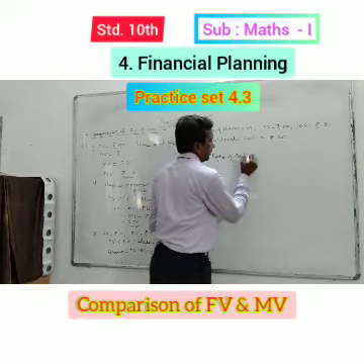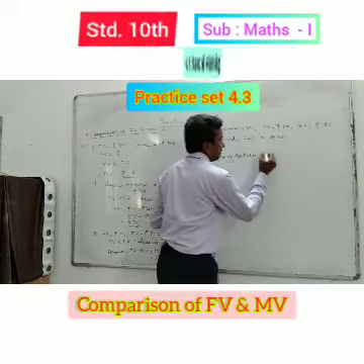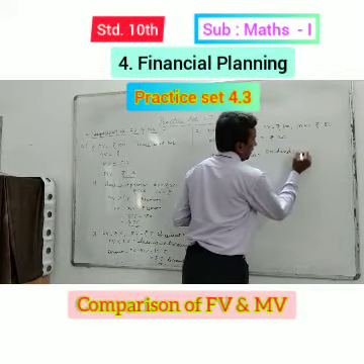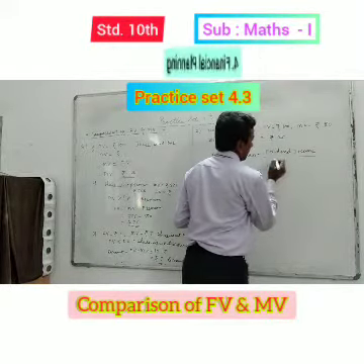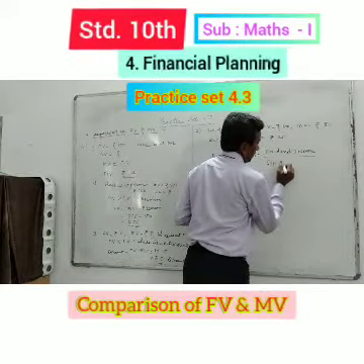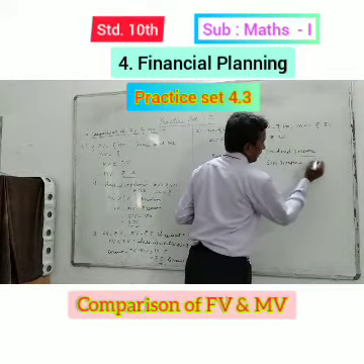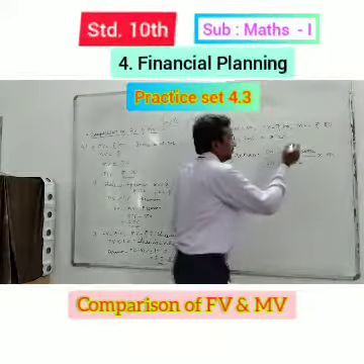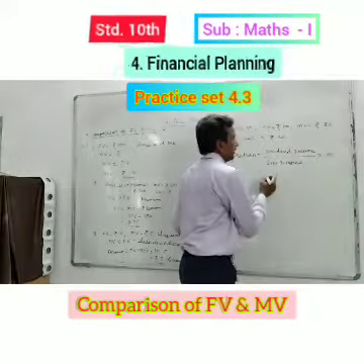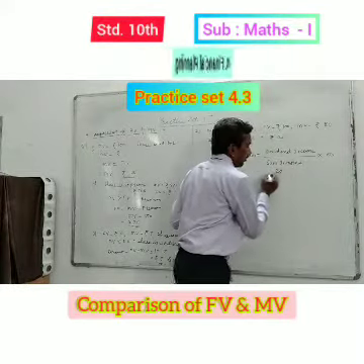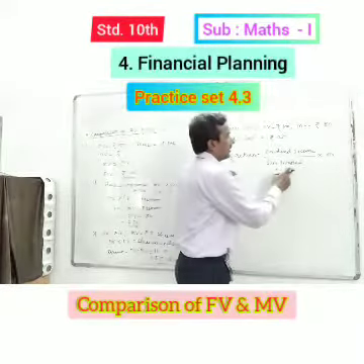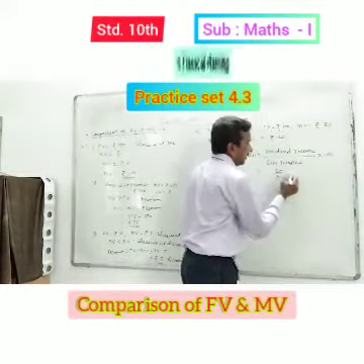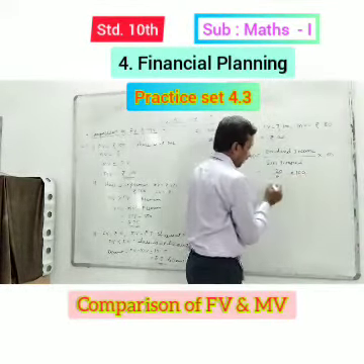Rate of return is equal to dividend income upon sum invested into 100. Now, dividend income is rupees 20 on per share. Sum invested means market value of per share is rupees 80, into 100.